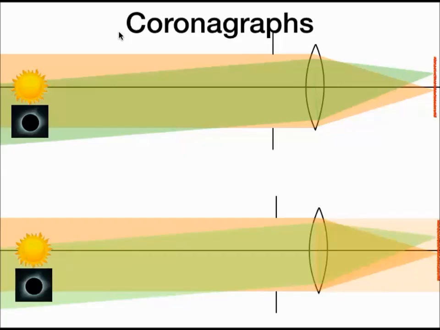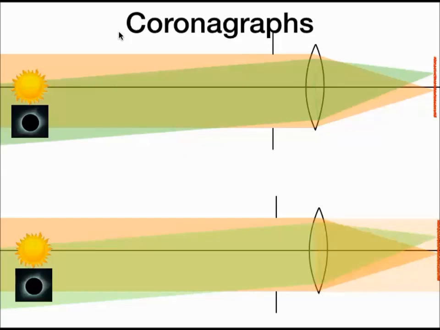So you cannot image the corona like that just because of the diffraction and the haze from the sun itself. I'm saying diffraction of the aperture, but it's also little dust or imperfections in your lens, or anything that is not absolutely perfect in the whole optical system will create a haze that completely blurs your signal. So that doesn't work.